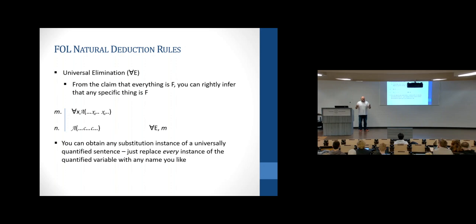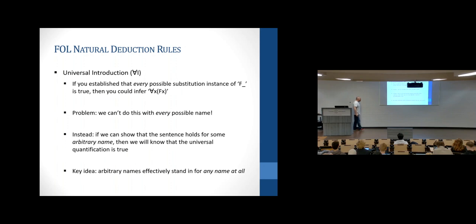Hopefully the idea there makes sense: if it's a universal, it works for everybody, so you can use any name. So universal elimination, fairly straightforward. The flip side, unfortunately, not so much. Universal introduction. How do we get a sentence featuring a universal as its main operator?